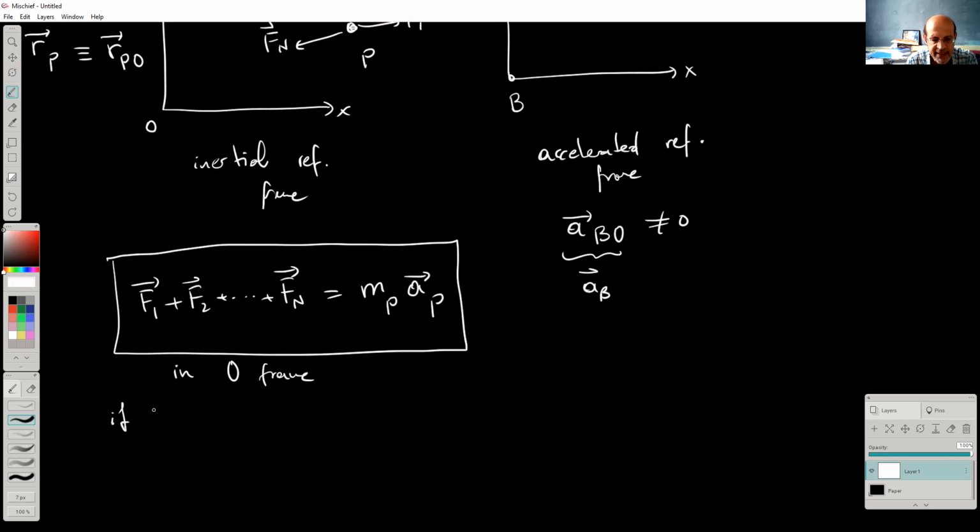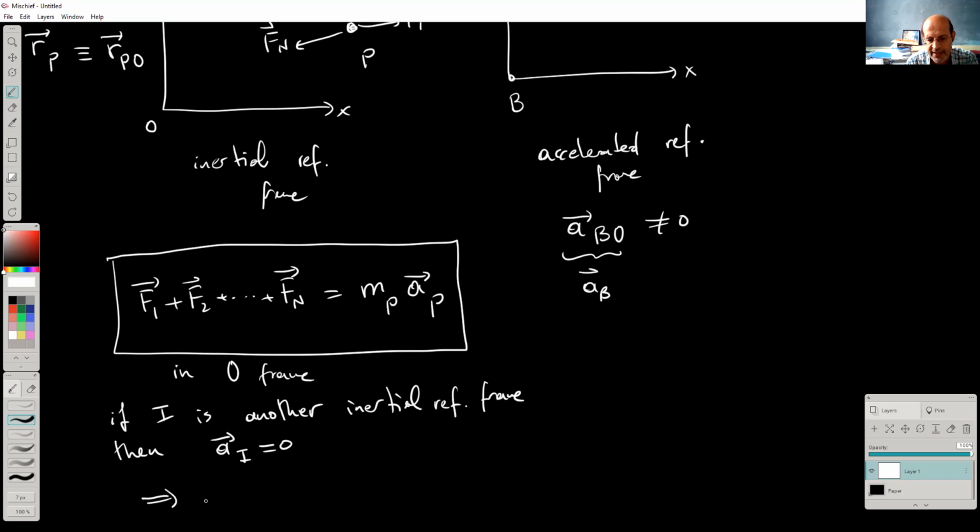So let me say it like this: if I is another inertial reference frame, then I know that the acceleration of the inertial reference frame relative to O is equal to 0, which then means that the acceleration of the particle relative to that frame, by the definition, is the difference of these accelerations.